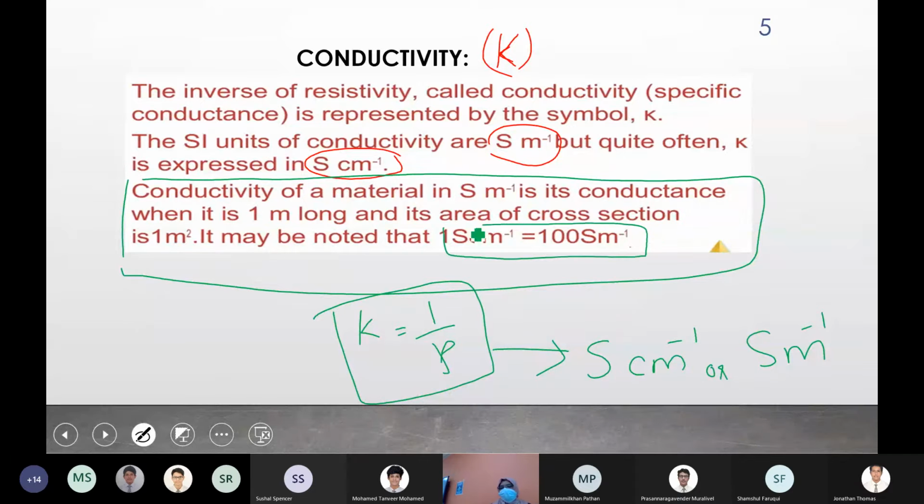I think all these things you already learned in physics, right? Or you are going to, because your Ohm's law and all is coming, it's related to that only. You have practical also related to Ohm's law. Okay, done.